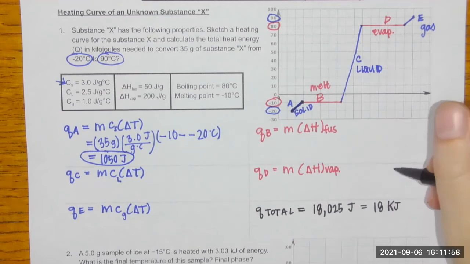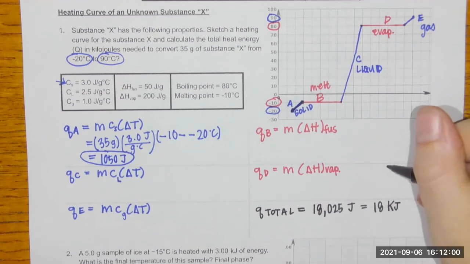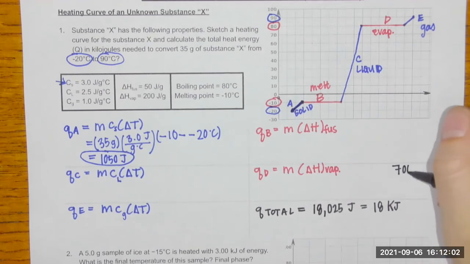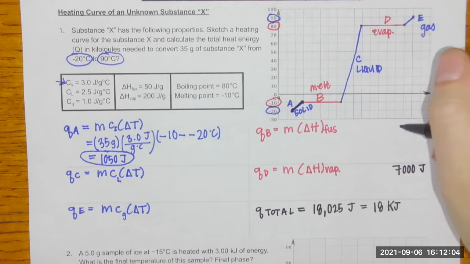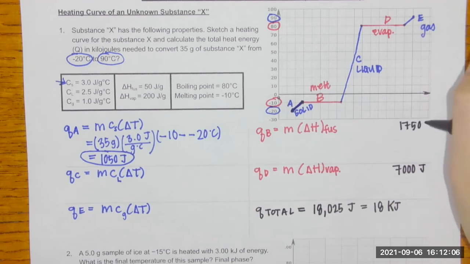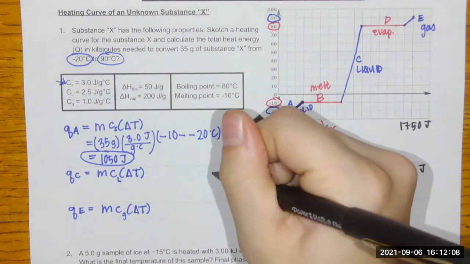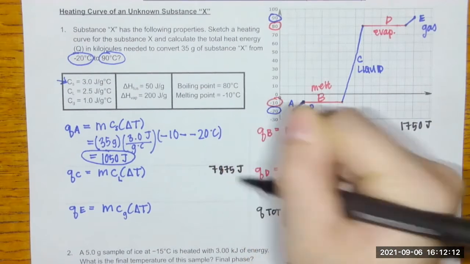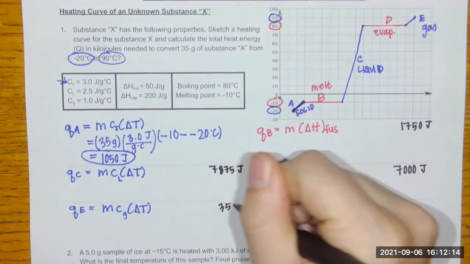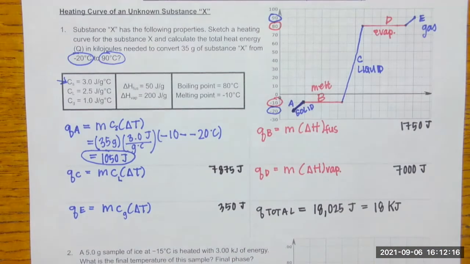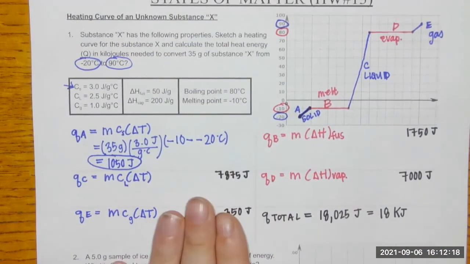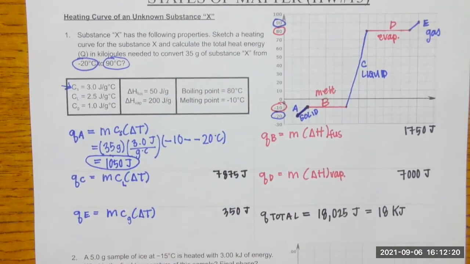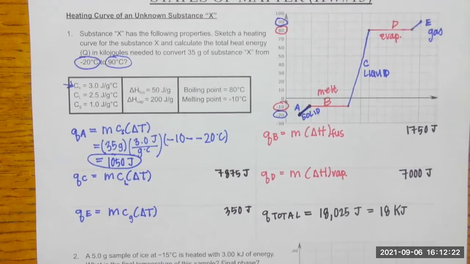For this one, I got, I think, 7,000 joules. And this one was final answer 1750 joules. 7875 joules, and I think 350. So double check me, but that's what I did for this section.